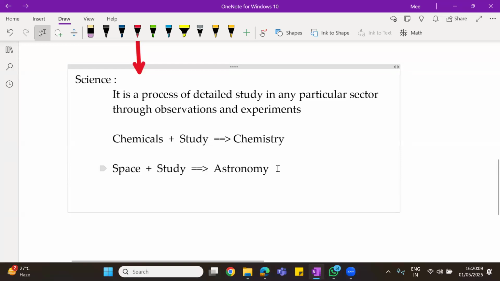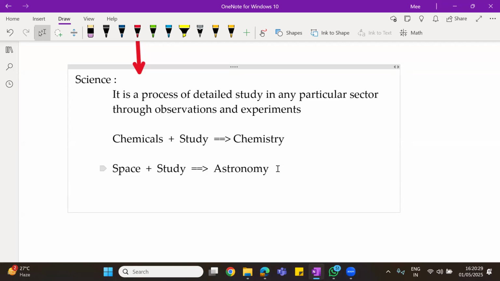Now, if you take another example, there are so many others, like biology. Biology is nothing but a detailed study of living organisms. Again, you will be doing a lot of experiments there. This is called biology. That's called a science.